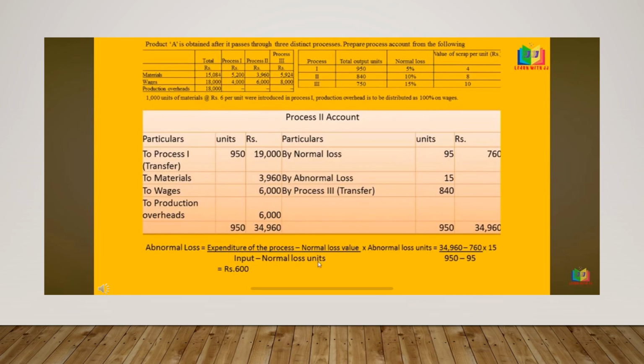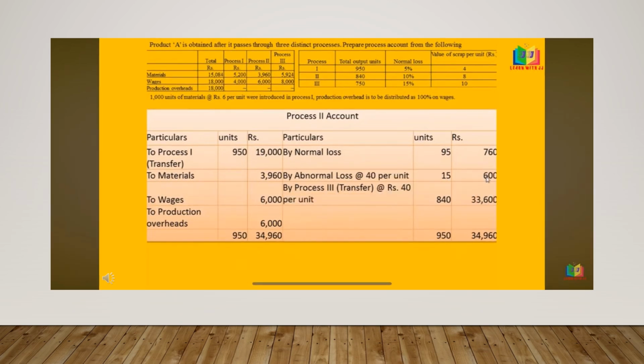Abnormal loss is equal to expenditure of the process minus normal loss value, the whole by input minus normal loss units, the whole again into abnormal loss units, which is equal to 34,960 minus 760 normal loss value divided by input 950 minus 95, that is normal loss units, the whole multiplied by 15 units of the abnormal loss. So after all the calculations we get 600, which is to be posted.